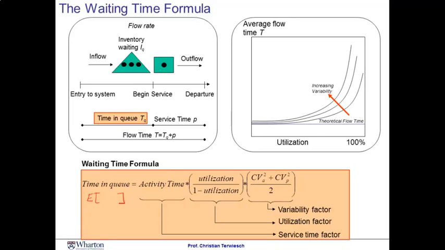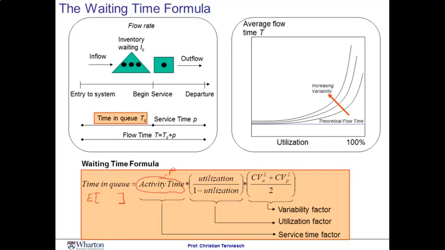The time in the queue is given as a product of the average processing time P, or the average activity time, I use those interchangeably here, times the utilization divided by 1 minus the utilization, times the coefficients of variation added up and then divided by 2.